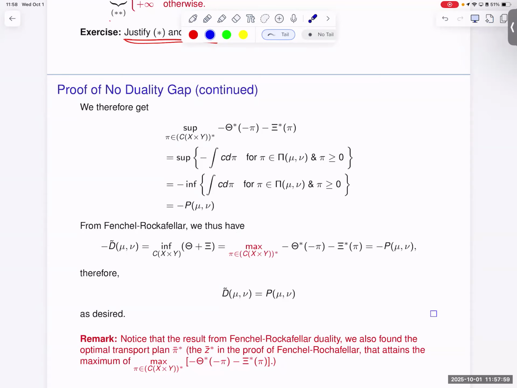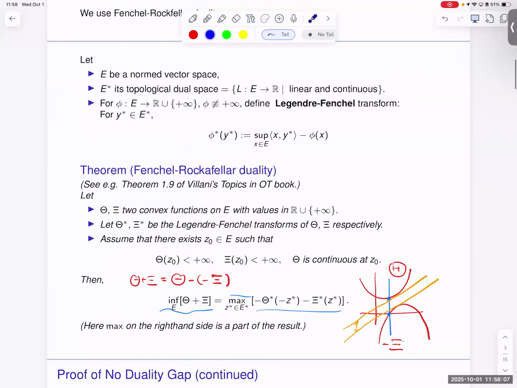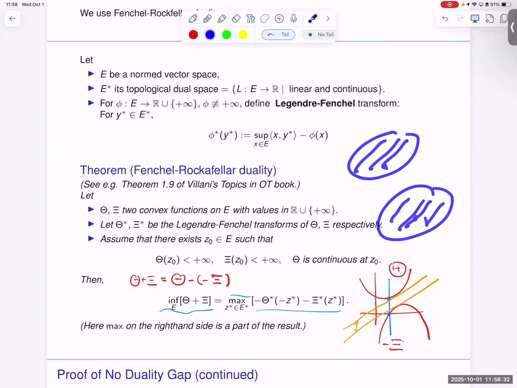And the answer is that the attainment is already in Fenchel-Rockafellar duality, and it came from the fact that the proof used the hyperplane separation theorem, or the Hahn-Banach theorem, which says that if you have two disjoint convex sets, then you can find a hyperplane separating these two.